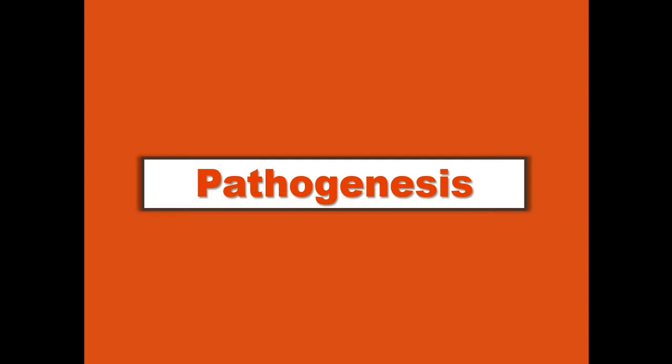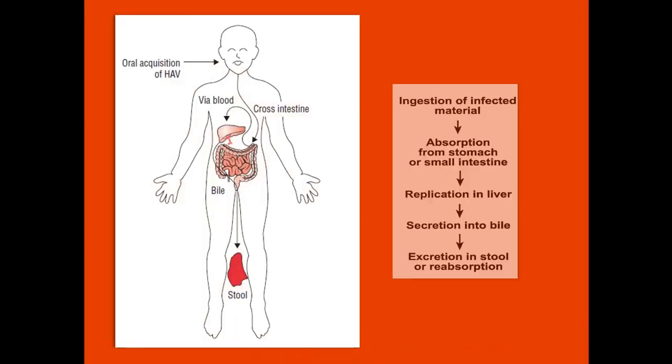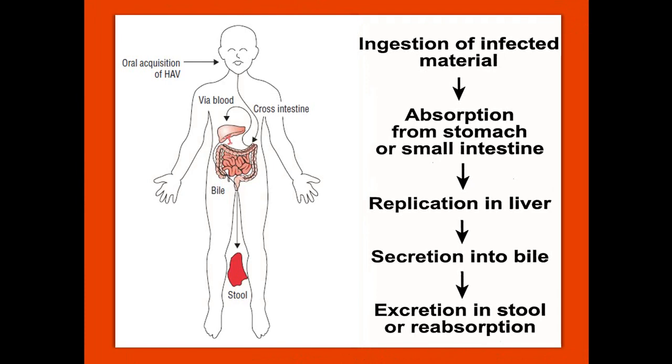Now, what about the pathogenesis of hepatitis A virus infection? Following ingestion, the virus replicates within the GIT. Before it replicates in the GIT, it may replicate in the oropharynx, and it is absorbed by the blood through the intestine.